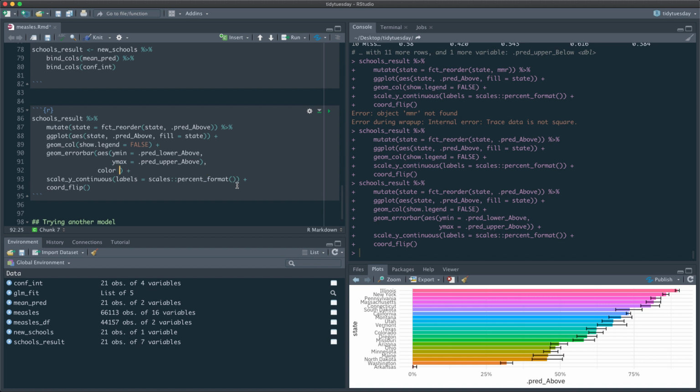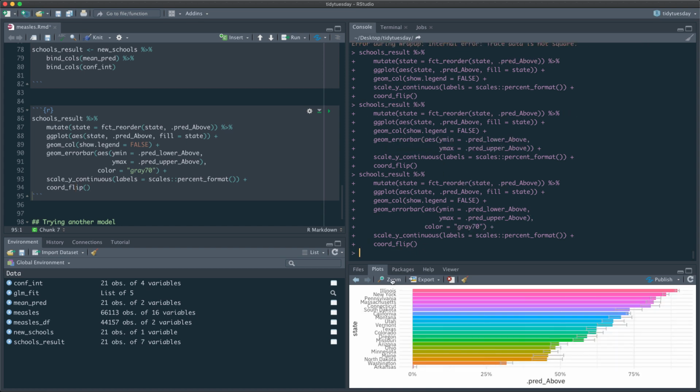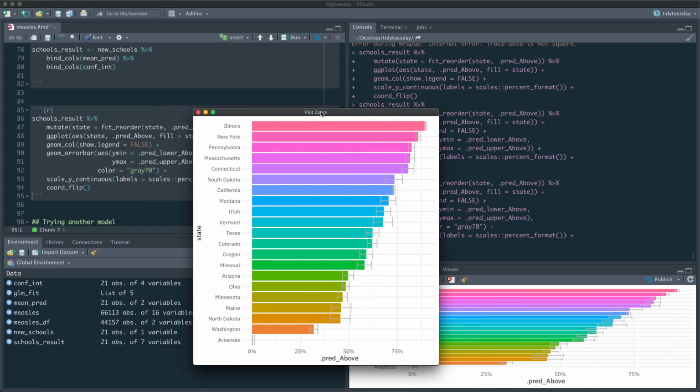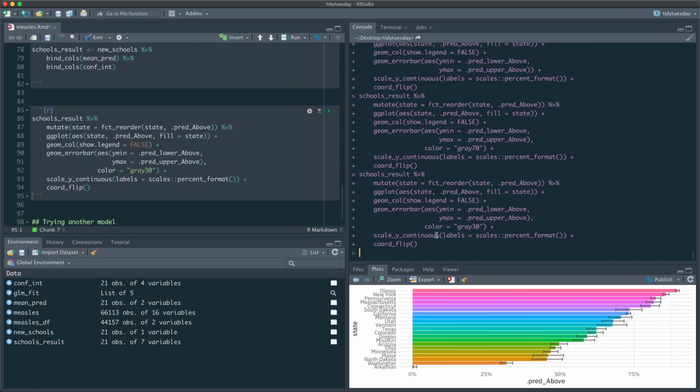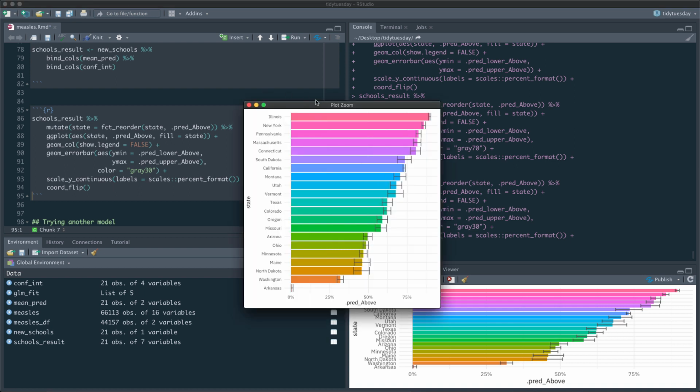Let's make this color equals gray, I don't know, 70. This is pretty good, I guess. Like so. So let's zoom on this and see. Oh, that's too light. All right. Where'd you go, plot? There you are.